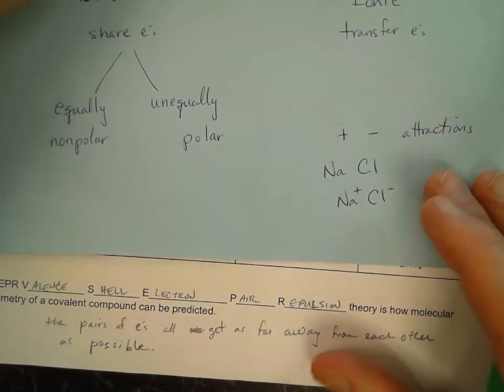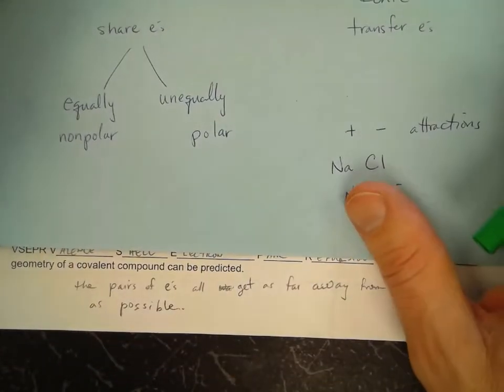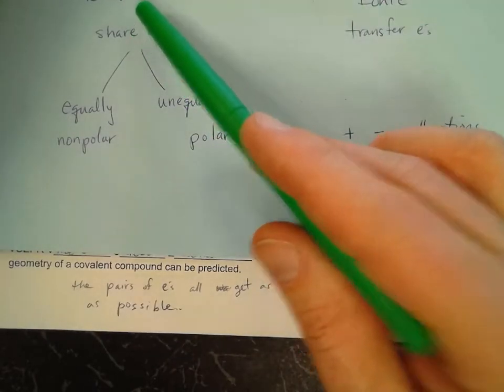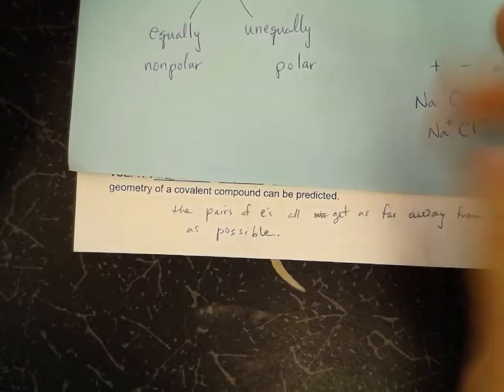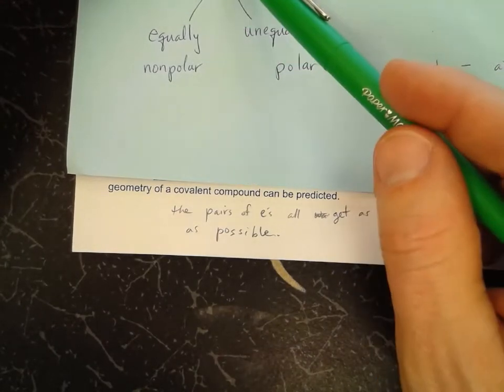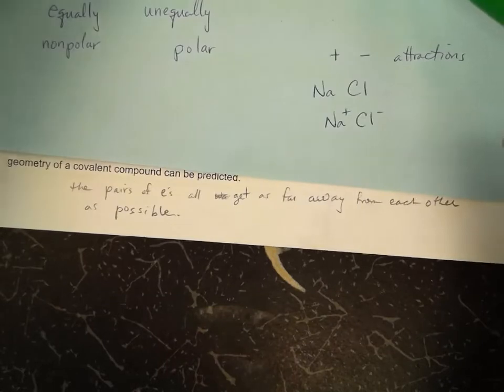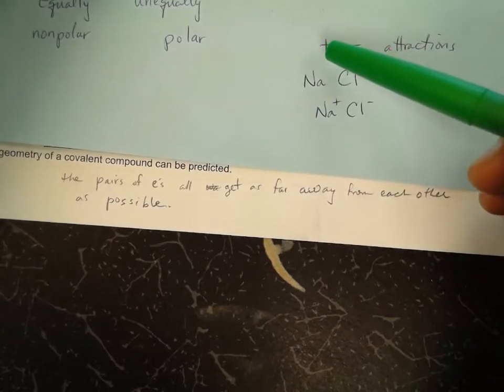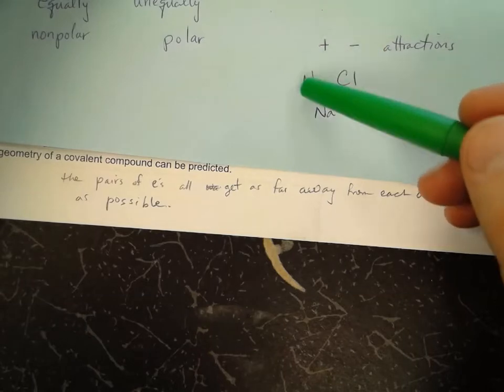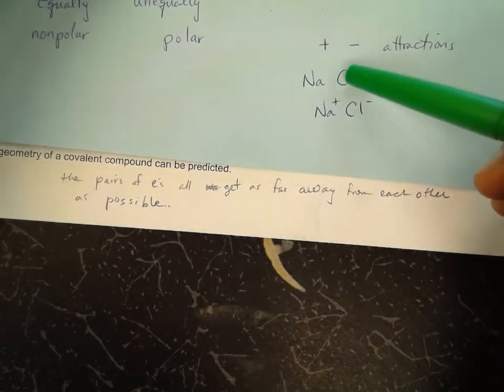Now there's 2 broad types of bonds. There are covalent bonds and there are ionic bonds. The difference, we would say, is a covalent bond will share the electrons. Ionic bonds transfer the electrons so that one of the atoms becomes a positive ion, the other atom then will become a negative ion.